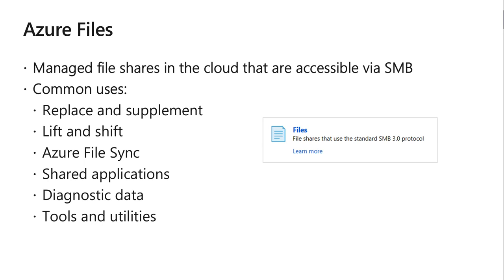So there are some common uses for Azure Files. The first one is replace and supplement. When I say files here, I mean Azure Files. Files can be used to completely replace or supplement the traditional, classic on-premises file share or your NAS device.